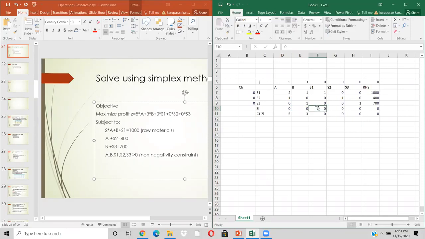Similarly here also, 1 times 0, 0 times 0, plus 0 times 0, plus 0 times 0. By solving this, 0. That's why all the values in this row are 0. Why? Every part is multiplied by 0.